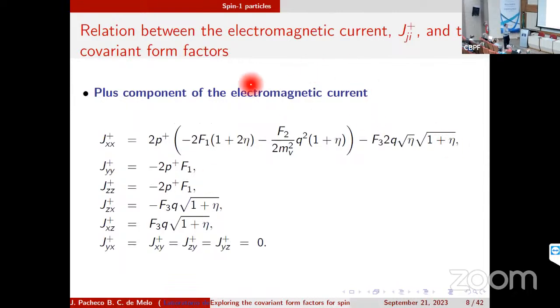After calculating for the plus component, I obtain, in terms of the matrix elements of the current, F1, F2, F3. Here changing the final with the initial state only changes the sign. You have 9 matrix elements, but 4 give zero, so you have only 5 here. Another one gives zero because of my choice of polarization.